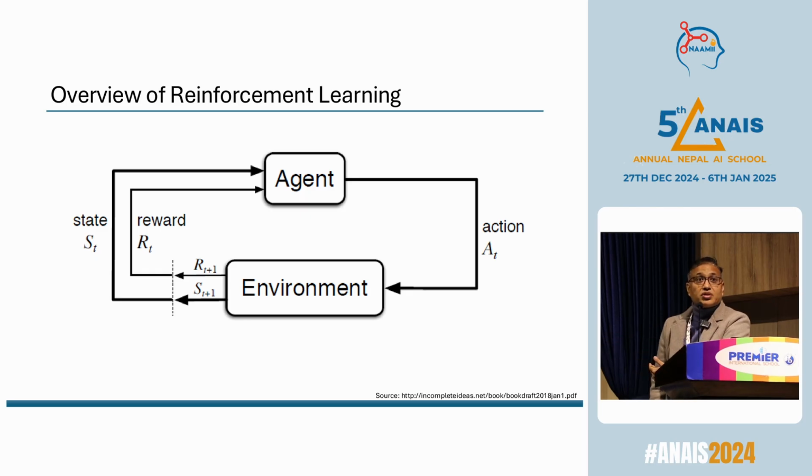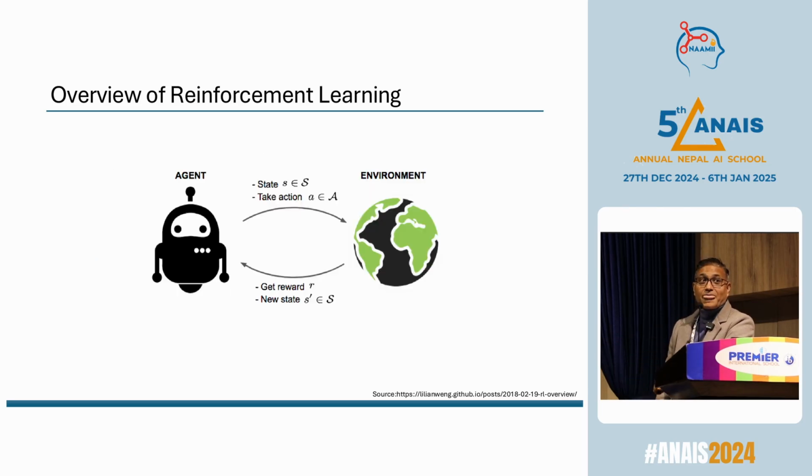But in some blogs or textbooks, you can find this one also. It's nothing different from the previous figure. I'm just making you familiar with these figures. In this figure, the agent is replaced by a robot.